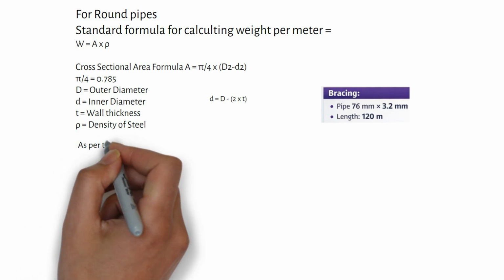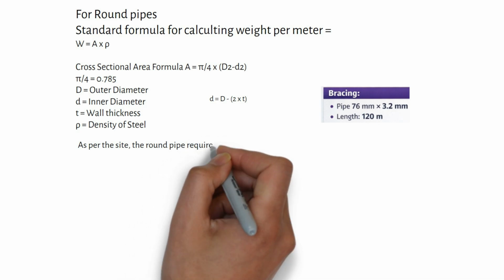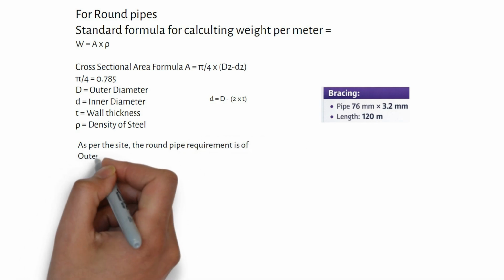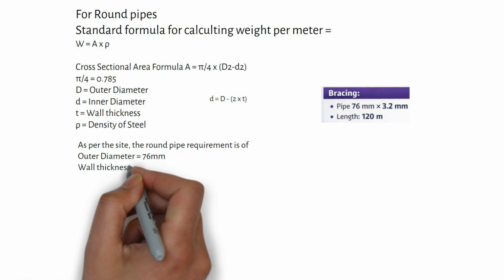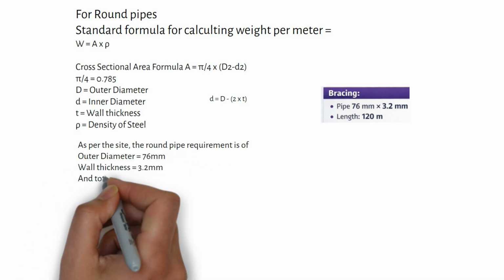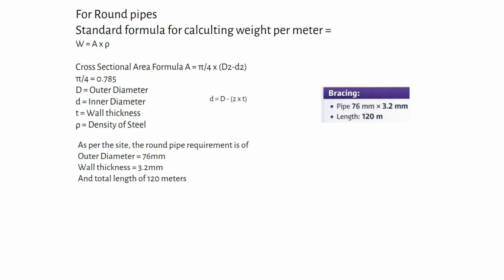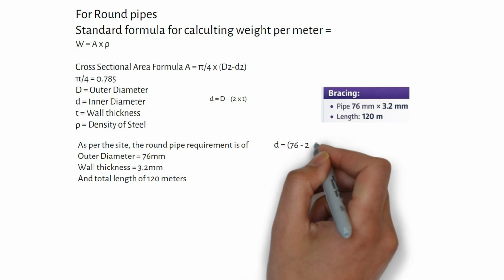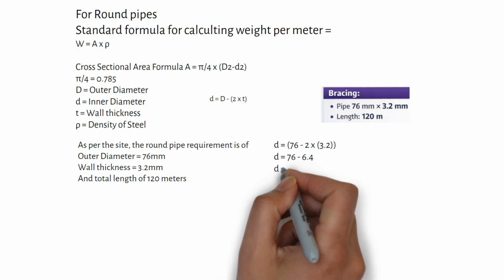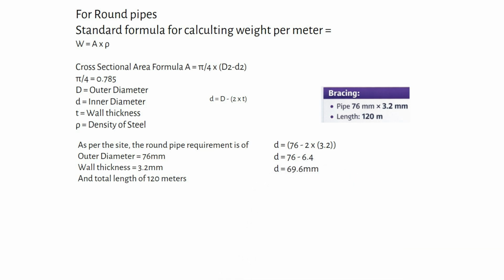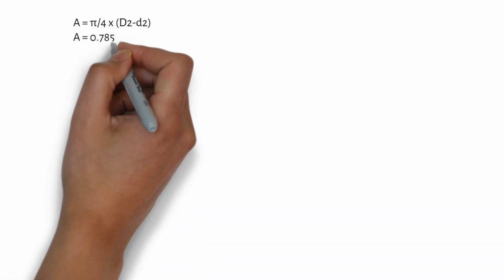As per the site, we required bracing pipe of size 76 mm. Wall thickness is 3.2 mm and total length is 120 meters. Now let's execute the formula and see the result.